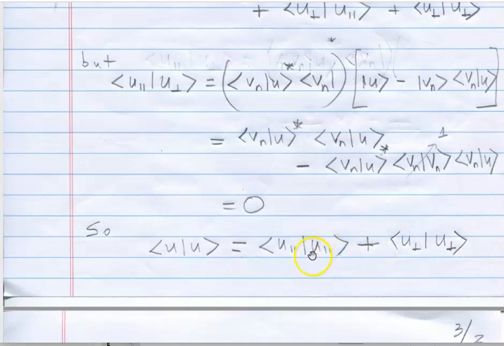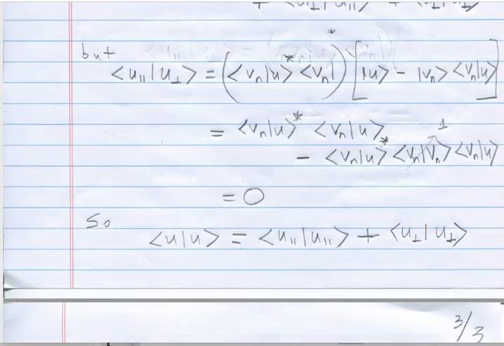It's the sum of the square of its parallel component and the perpendicular component. Well, all of these are positive. Any vector or state into itself is always a positive number. That's the length squared or the magnitude squared. The magnitude is again positive.